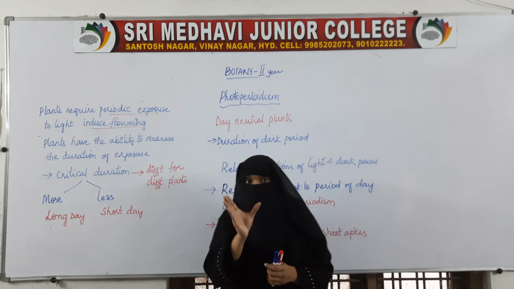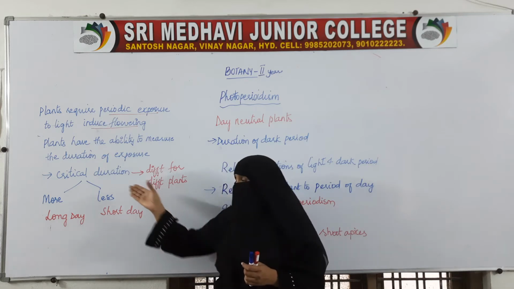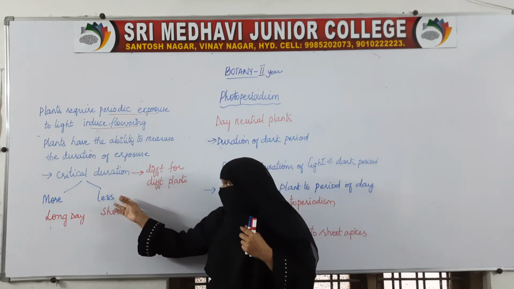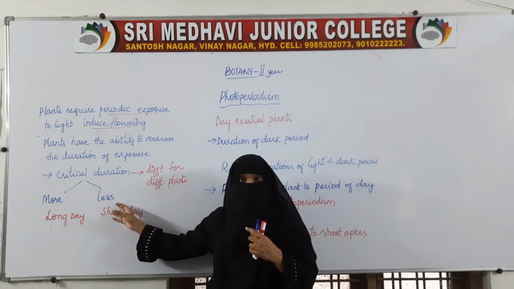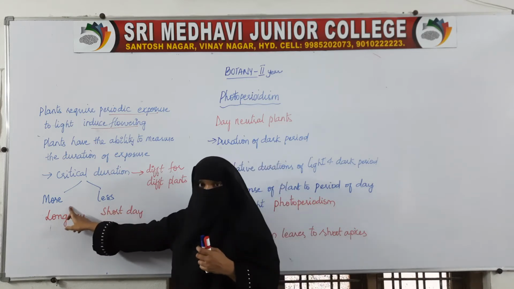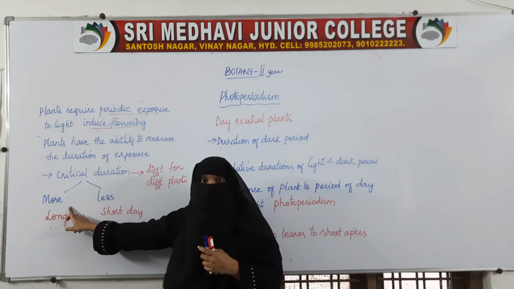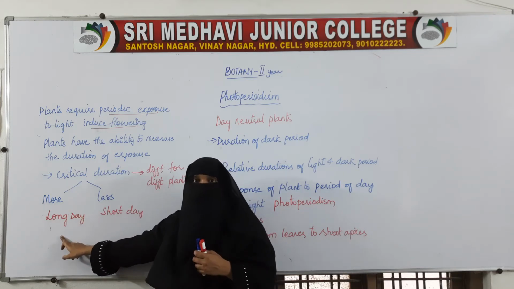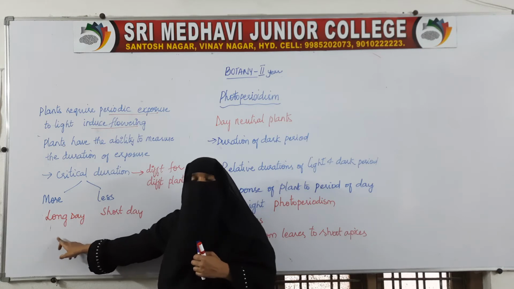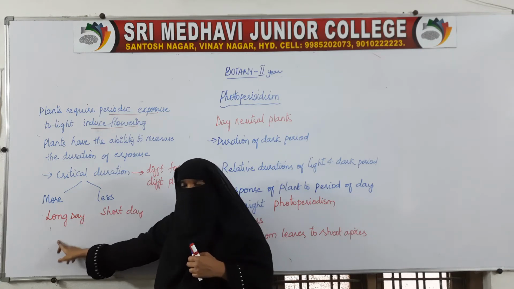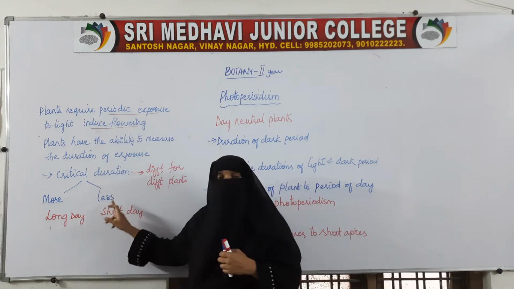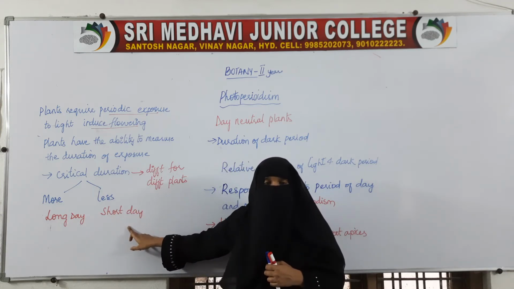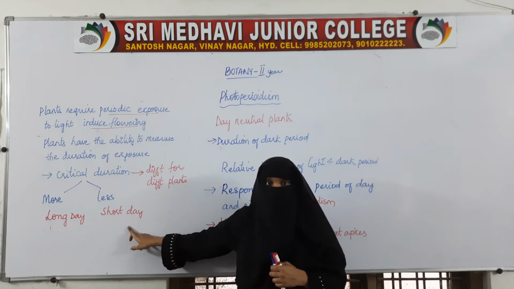So, that 10 hours is the critical duration. If the plants require more than 10 hours to induce flowering, then they are called long day plants. If the plants require less than that critical duration, then they are called short day plants.